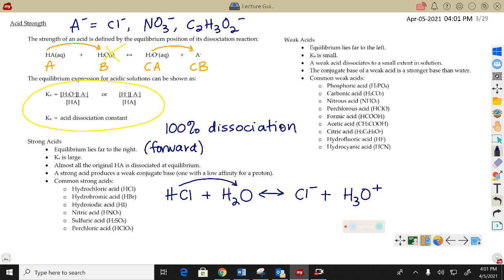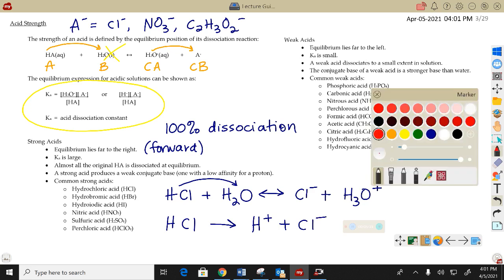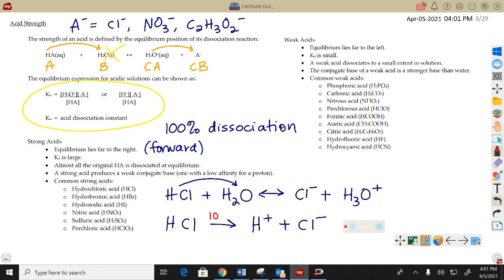Or sometimes you might not see the water in there, and it might just be H plus and Cl minus. You might even see HCl with a one-sided arrow, because essentially this thing really does go forward 100%.